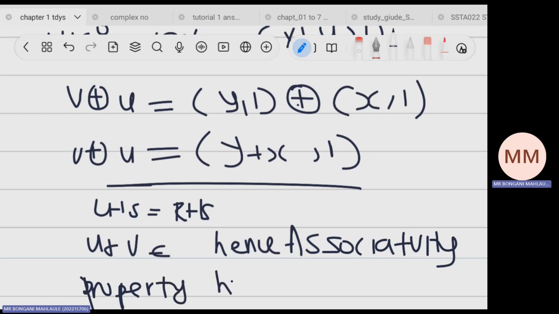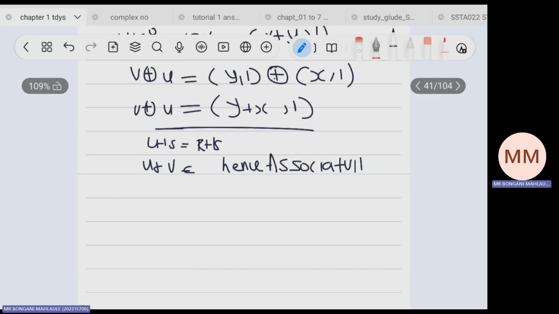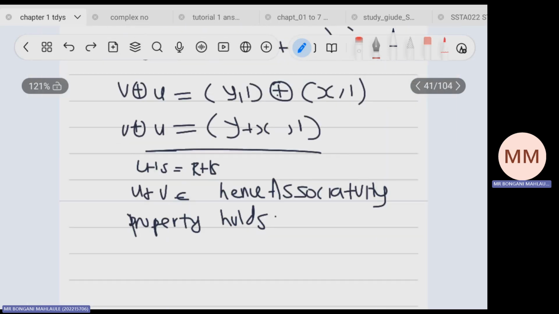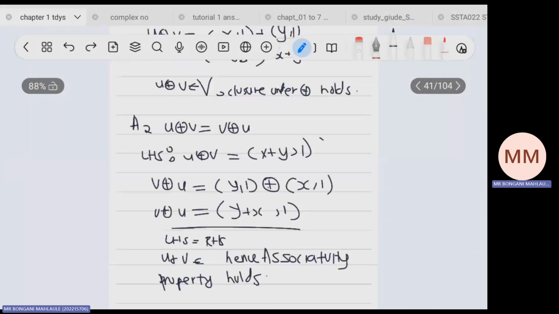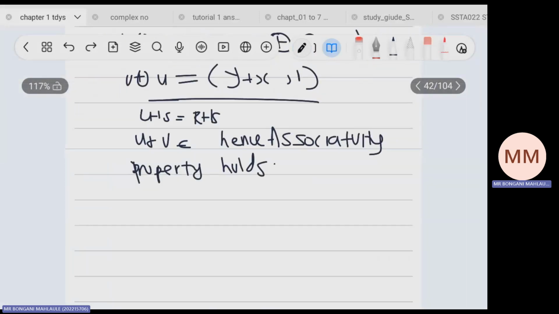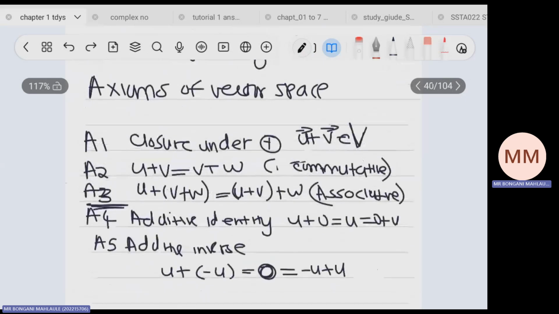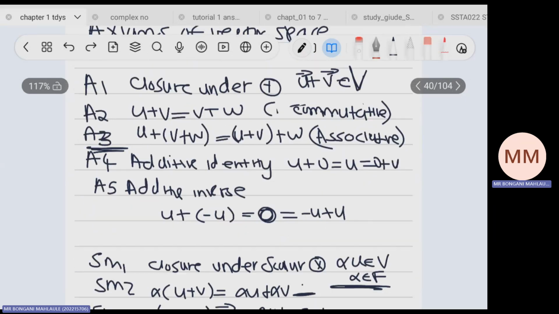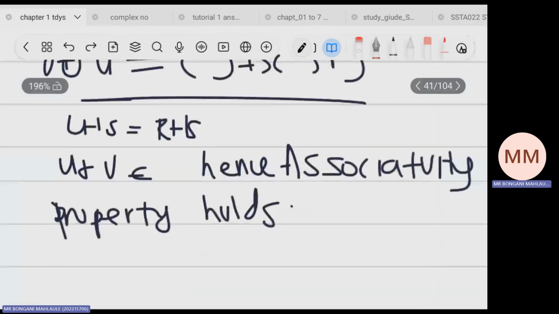Property holds. Then now I'm going to come to the next part. I'm going to now skip axiom 3. We have done commutativity. Oh, yeah, I was supposed to say commutativity holds.